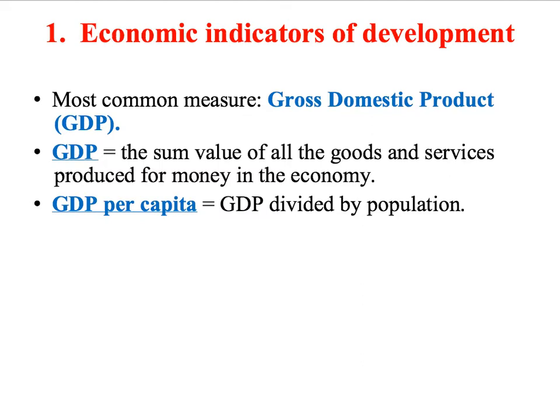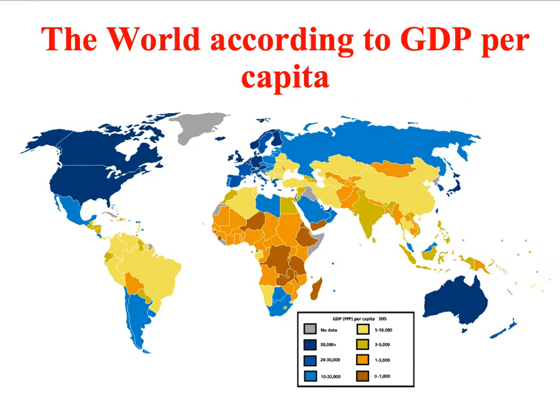And this map of the world shows us countries colour-coded according to their GDP per capita, with a few exceptions. The countries that are in grey are the countries where we haven't got data. But basically the countries that are colour-coded blue are the countries that have the highest GDP per capita rank, and the darker the blue, the more economically developed the countries are in terms of that particular measure.